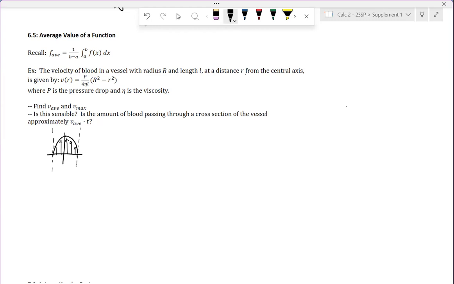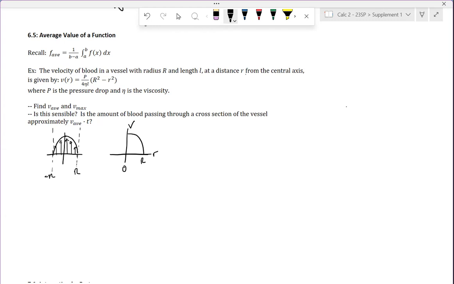Okay, so if I just think of this as a function, f of r, so here's little r, and there's v. I note that if I find the average value of the function, I'm just looking for the average height. I don't have to go from negative big R to plus big R. I see the nice symmetry that I can make use of.